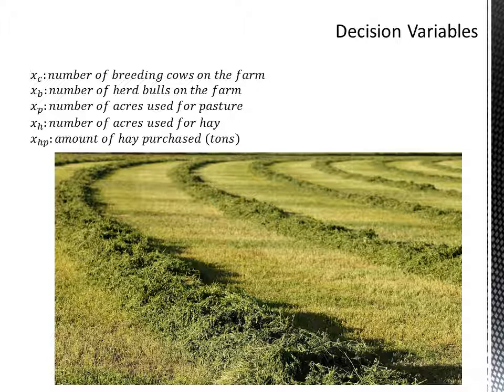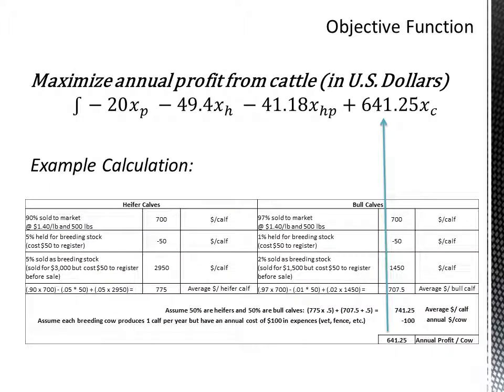This means I only have a handful of decision variables for this model, but the details for each get a little more complicated. My objective function is to maximize the annual profit from cattle on the farm in US dollars. Here I've shown an example of how the model gets a little complicated even though I only have a few variables.